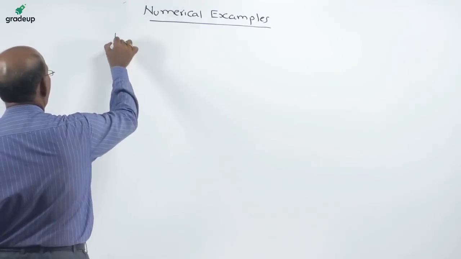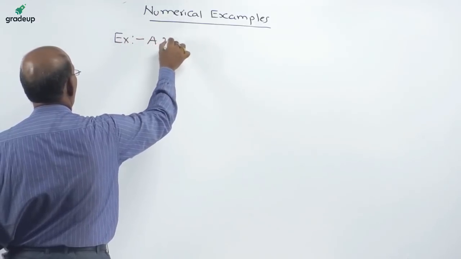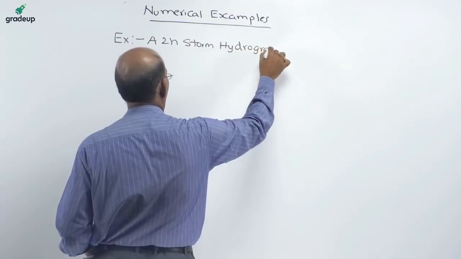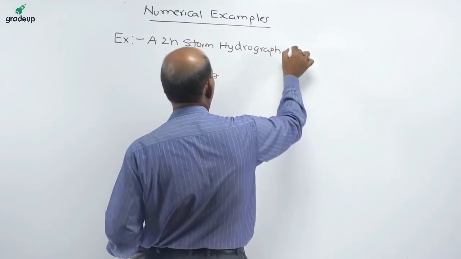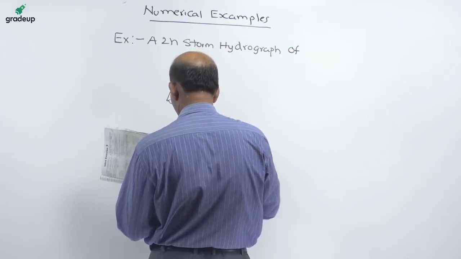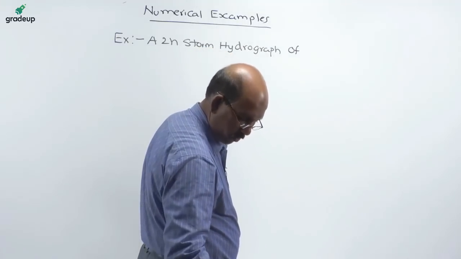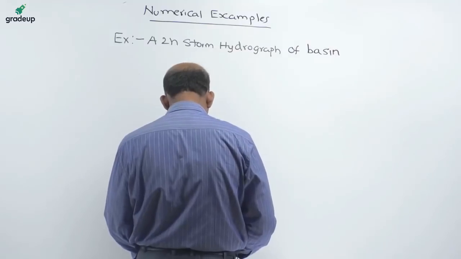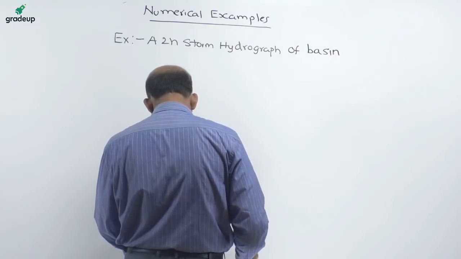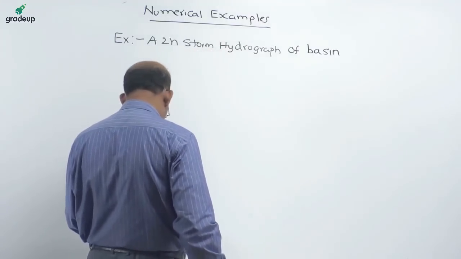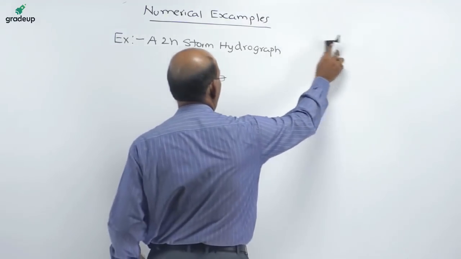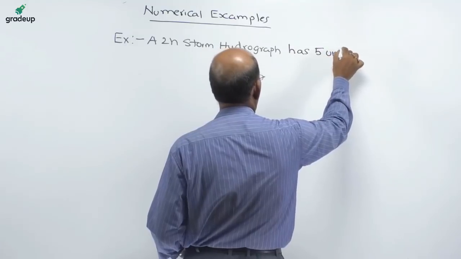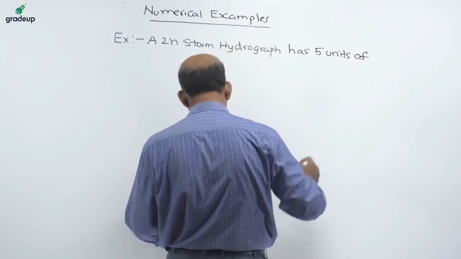A 2-hour storm hydrograph of a basin has 5 units of direct runoff.